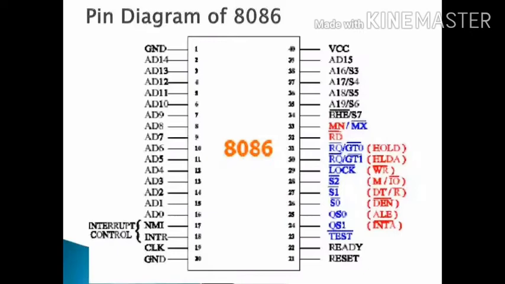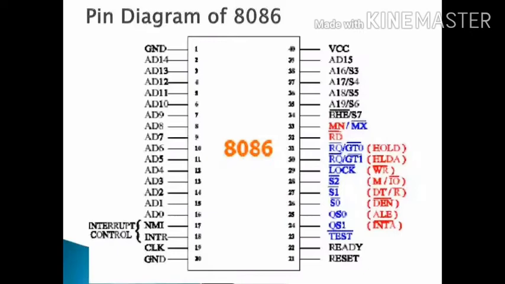Next is the test pin at pin number 23. So 8086 has a software instruction called wait. If the wait instruction is given to the microprocessor, then it will check this pin number 23. If test bar is equal to 0, then 8086 will not enter the wait state but will execute the next instruction in sequence.